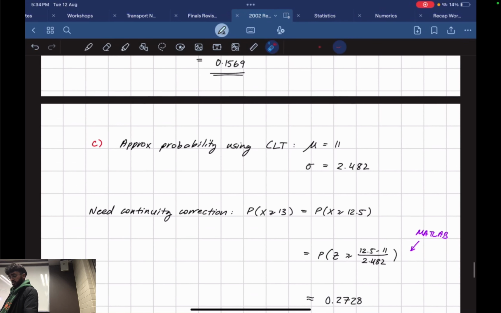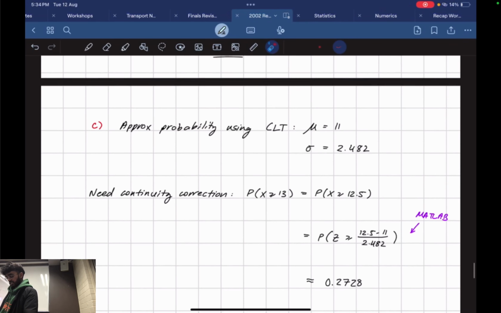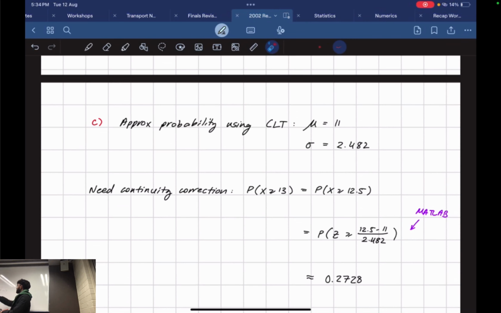But the main thing is, I just want to show you guys the MATLAB code. In this case, we're not going to use bino CDF. When we're using the central limit theorem, we're switching to a normal distribution. So instead of using bino CDF, we're going to use norm CDF. On MATLAB, it's going to be 1 minus norm CDF of whatever value you get inside.